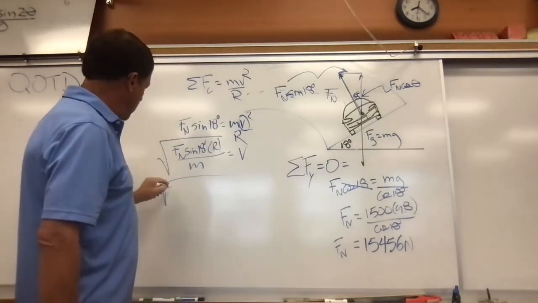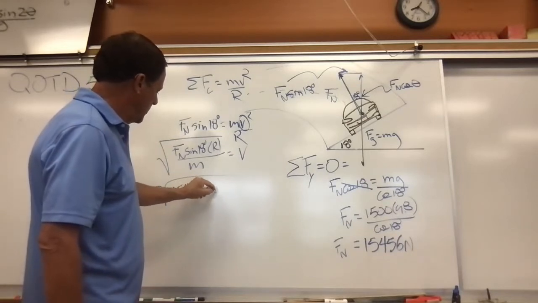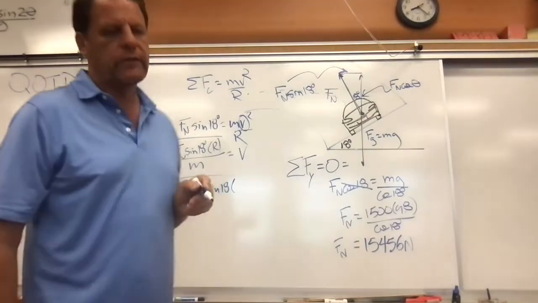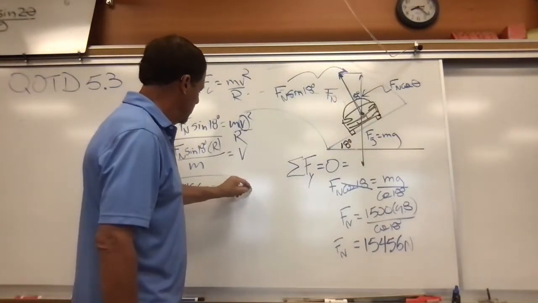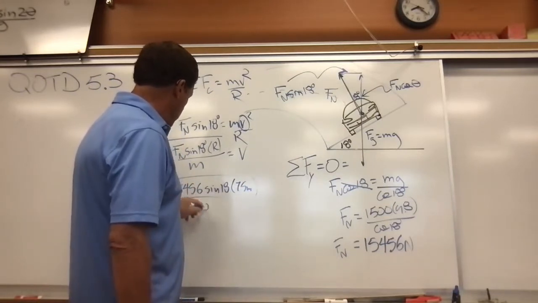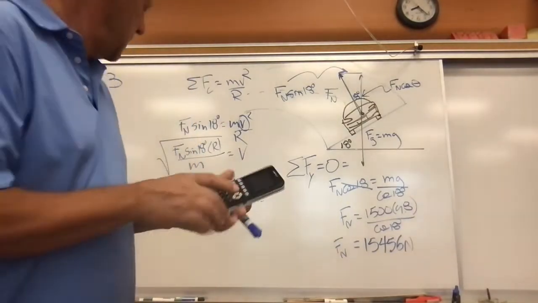We've got 15,456 sine of 18, our radius is 75 meters, and then we're going to divide by 1,500. Let's plug those numbers in.